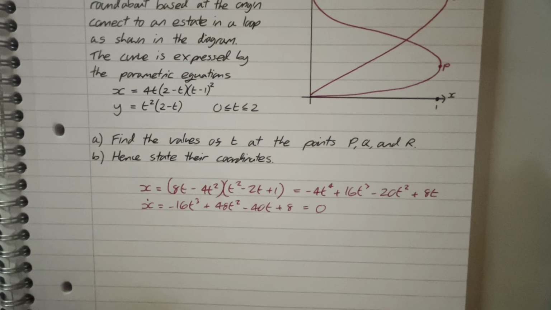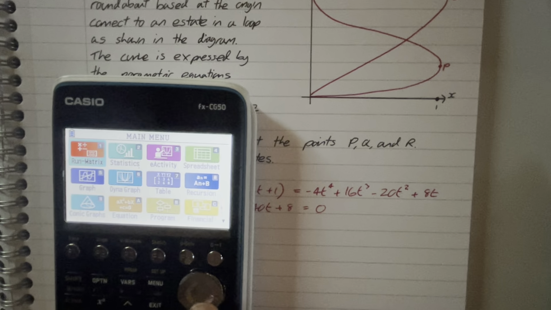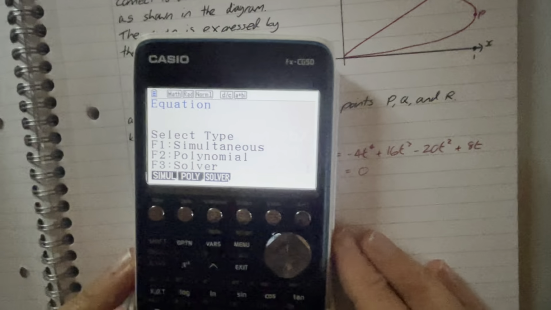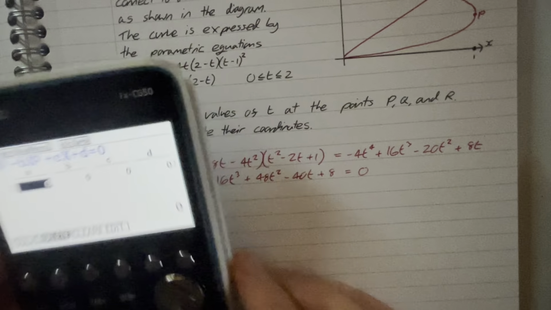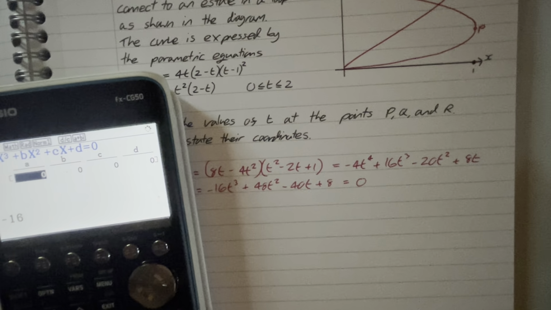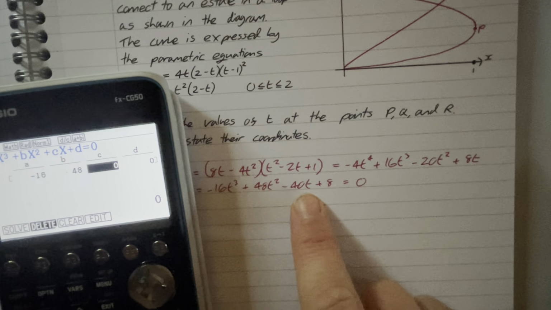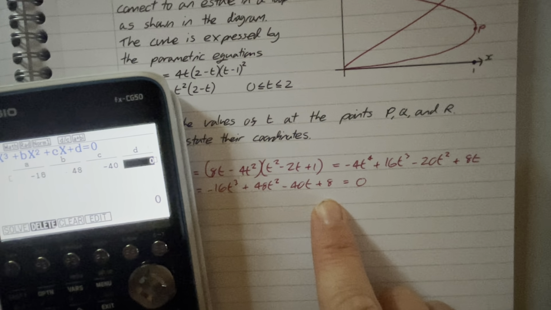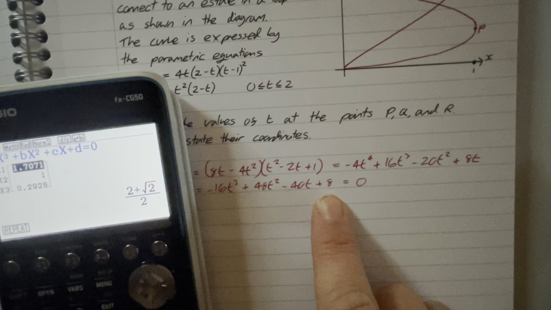So that's going to be the turning points. If I go into equation mode, I can plug in this cubic. It's a polynomial with degree 3. We've got minus 16 as the coefficient of the cubic, the 48 there, the minus 40 there, and the 8 there. In fact, they're all multiples of 8, so I could have simplified that.